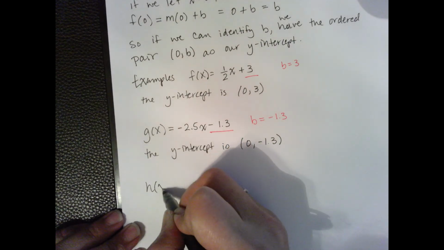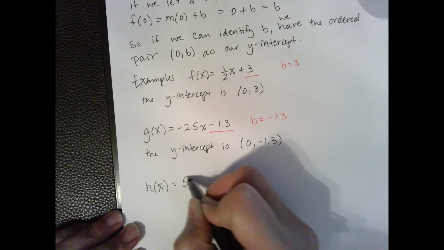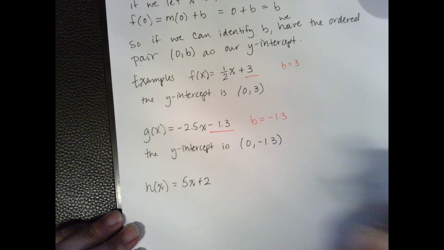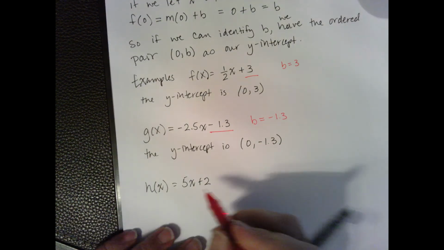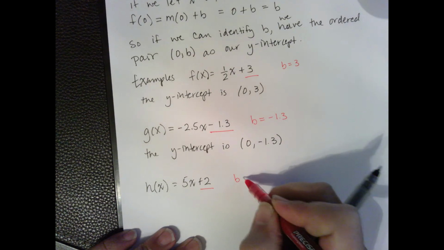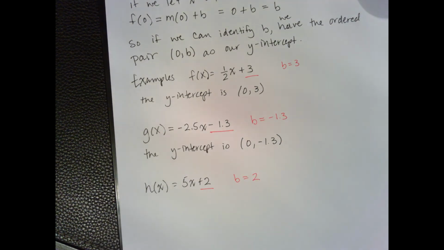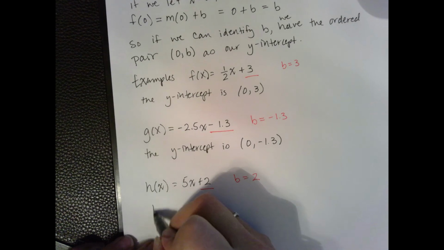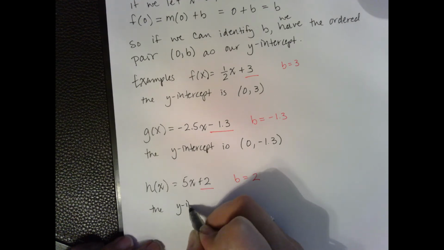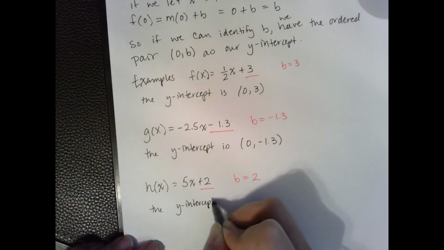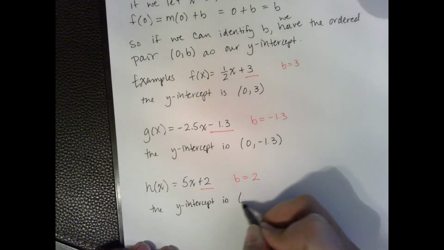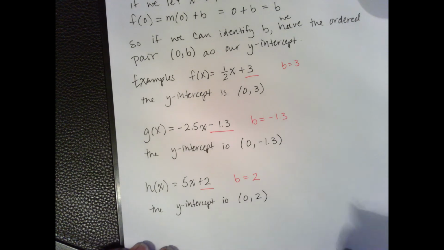Another one, we could have h of x is equal to 5x plus 2. And here b is positive 2. So that means the y-intercept is (0, 2).